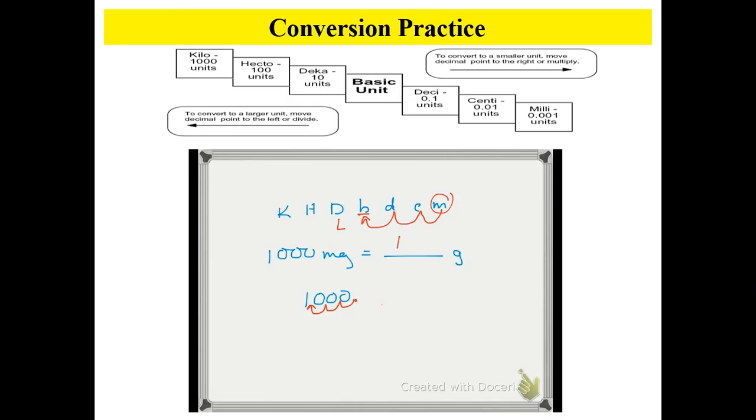Do I need to put anything after that? I don't. If there was another digit, like a 2 or a 5, at the end of those 3 zeros, then yes, you would need to include those 3 zeros. But since there's nothing, then that's all you need to write. So the answer for number 1 is 1,000 milligrams equals 1 gram. Okay, let's try number 2.